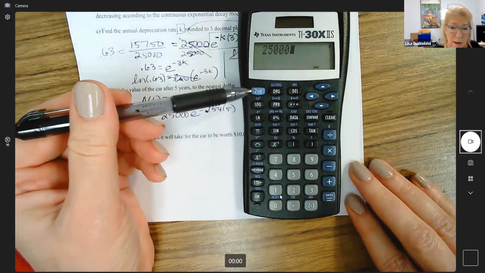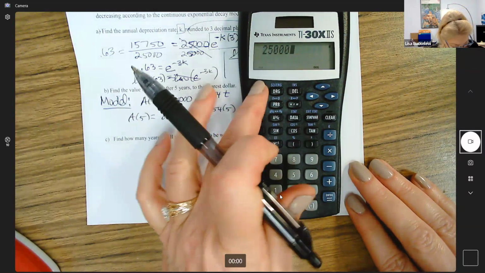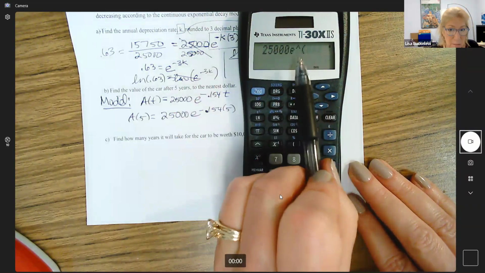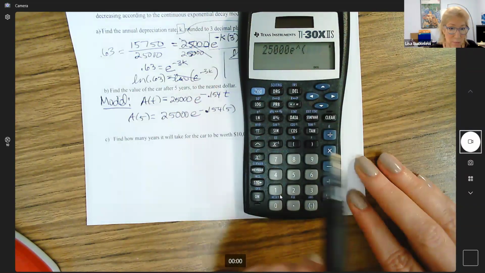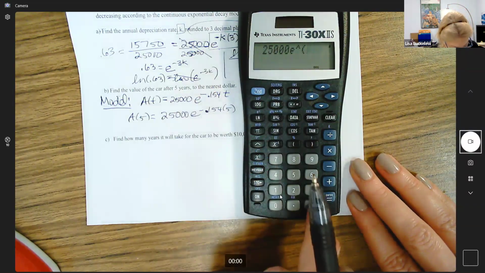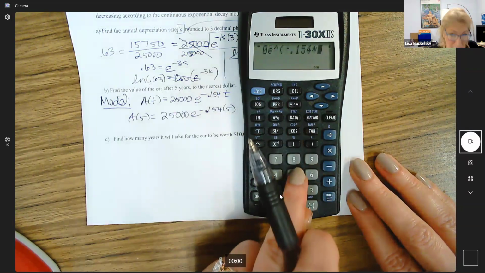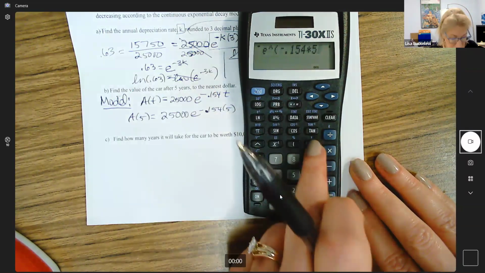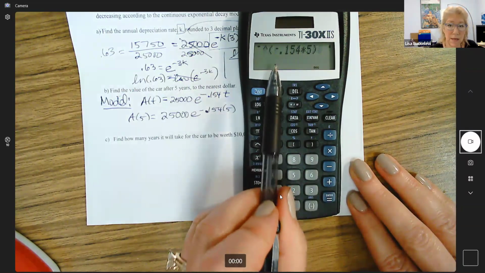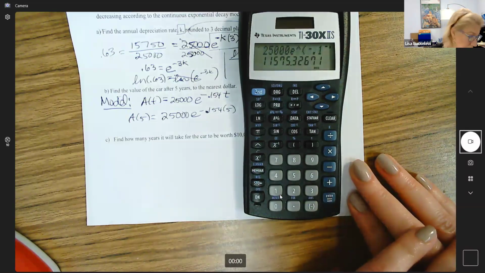So if you want to put an exponent on e, you can hit second ln and it will pop up the e to the power of, and you just type in your exponent. And we're looking for an exponent that has this product, negative 0.154 times the year 5. So this is the exponent on the e. Make sure and wrap it up in a set of parentheses, and then let's see what we get.